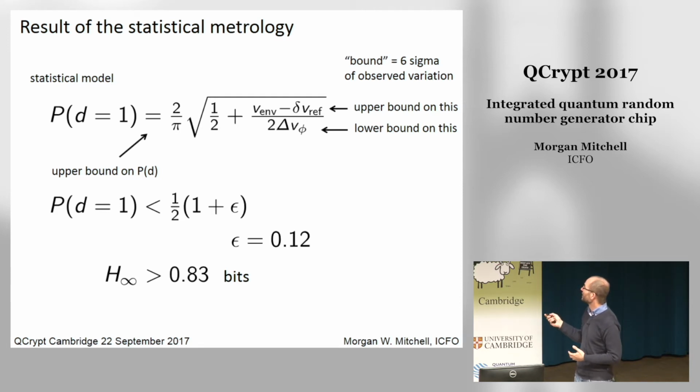The noise contributions that we see are in fact normally distributed. They're things like Johnson noise. But if we take 6 sigma as our bound, so that the assumption that it's within this bound is wrong less than 1 in 10 to the 7, then we get this.